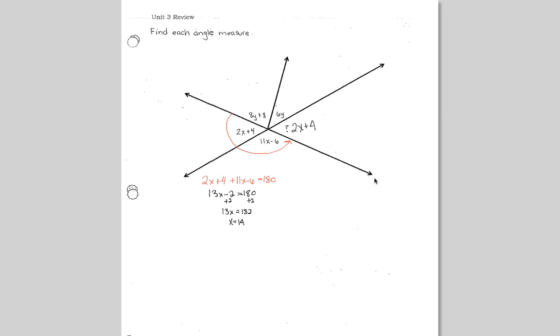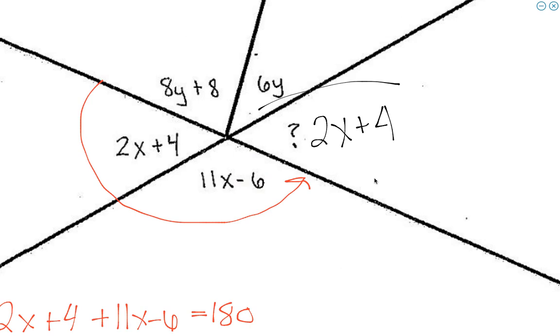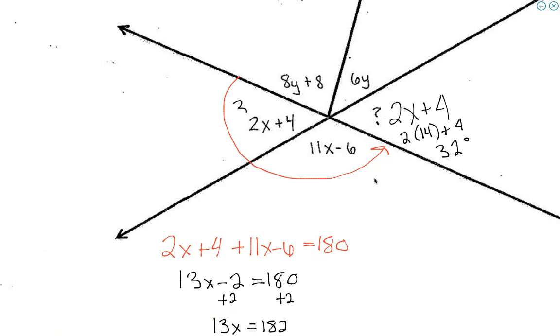So if I plug that back in, that's 28 plus 4, which is 32 degrees, which means this is also 32 degrees.